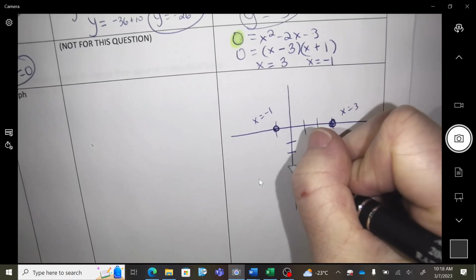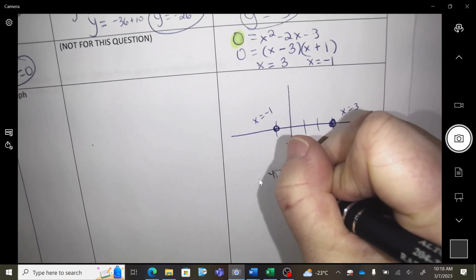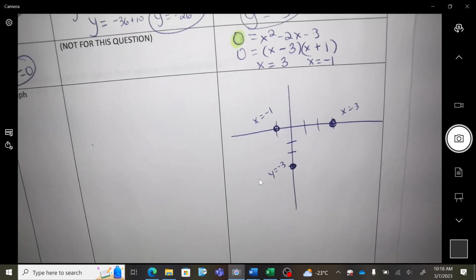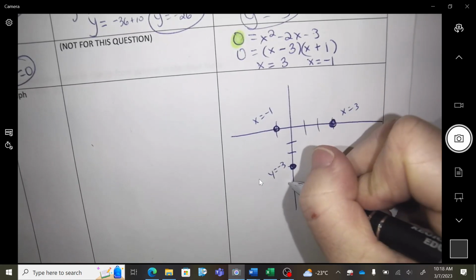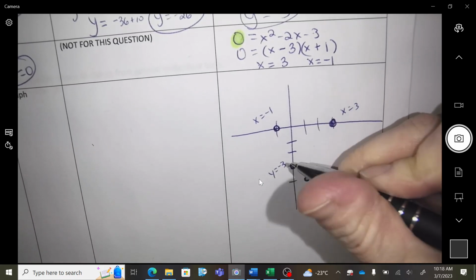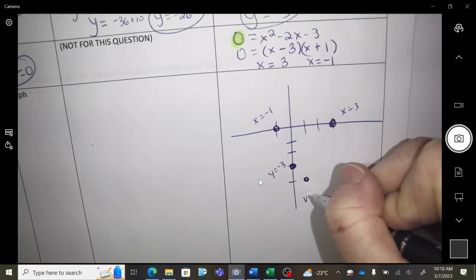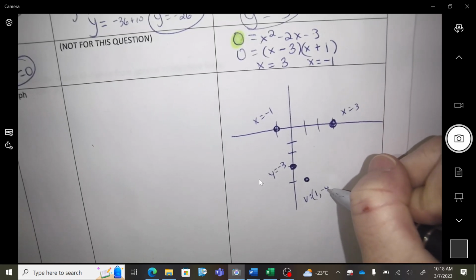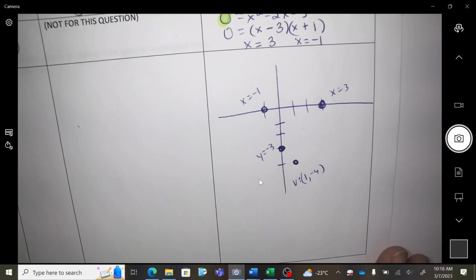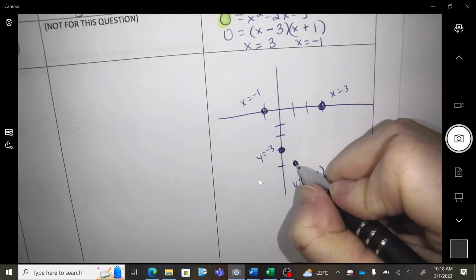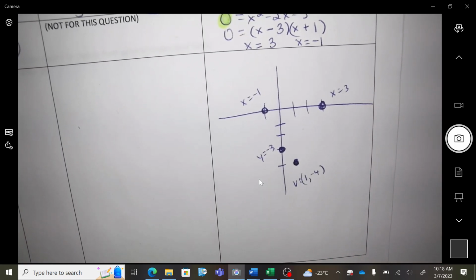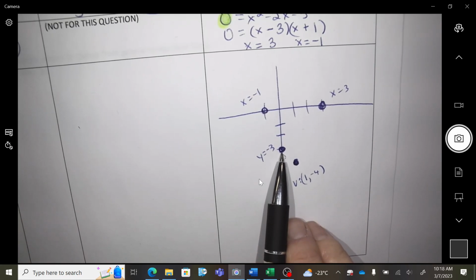The y-intercept, you told me, was -3. And you told me the vertex was 1, comma, -4. Those are the 4 points we've just figured out. What do you think? Does it look good as a shape? Can I put a partner point to this one?